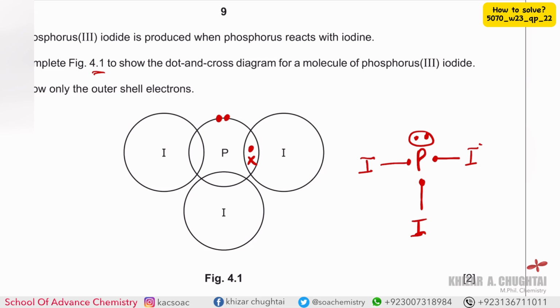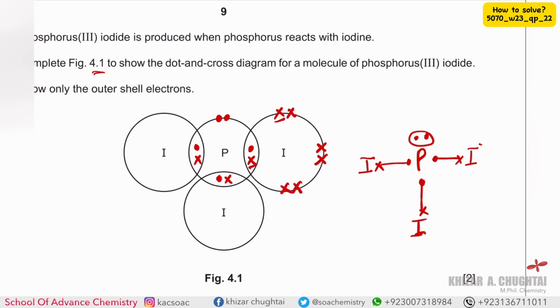Here you can say like that, dot and cross, dot and cross. Now come towards this iodine. This iodine is overall having 7 electrons. So I'm going to represent electron of iodine by cross. So 1, 2, 3, 4, 5, 6, 7.